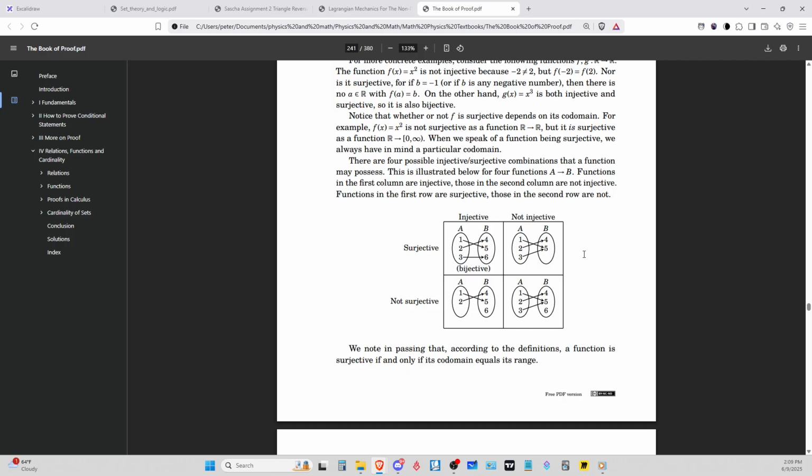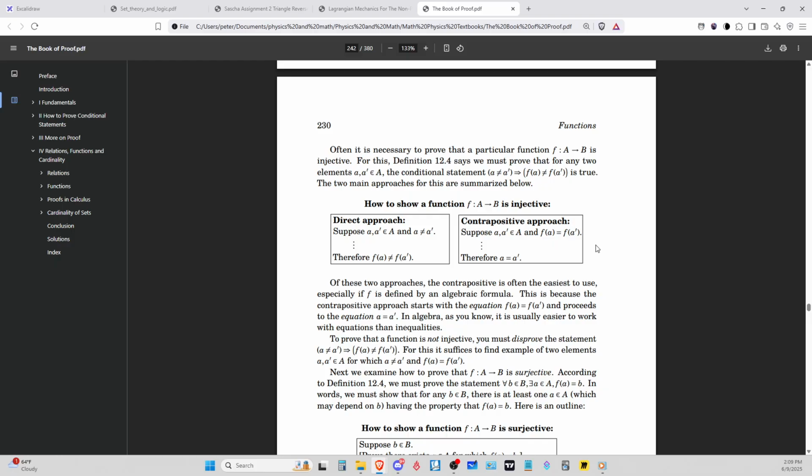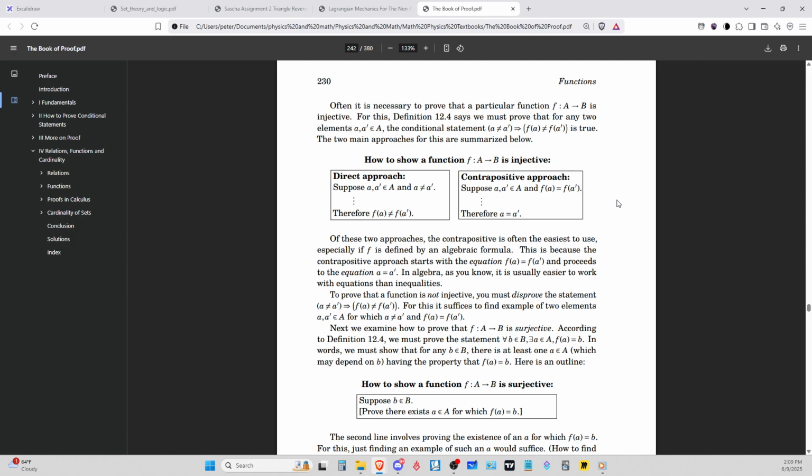Anyway, let's get back to it. So according to the structure, how to show a function f from A to B is injective. So we have the direct approach and we have the... Oh, okay.